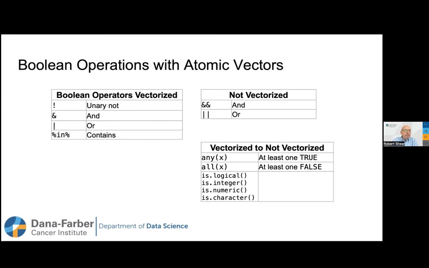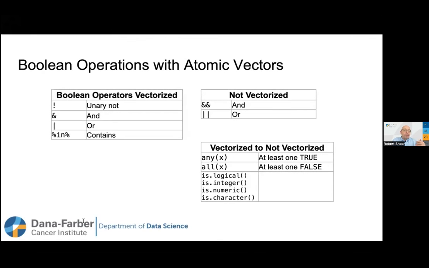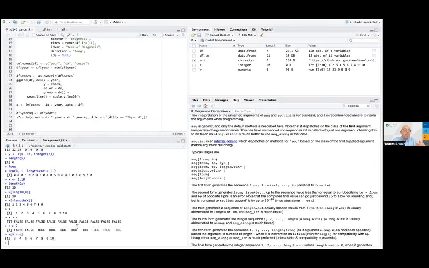But it's really useful in R because I can do a sum to count the number of true values I get. I can do a mean to find out the density of the evaluated expressions that are true.